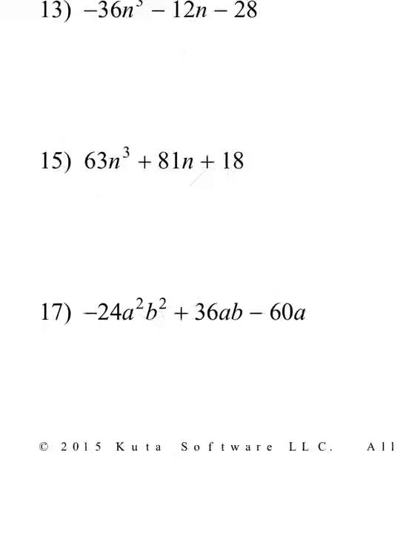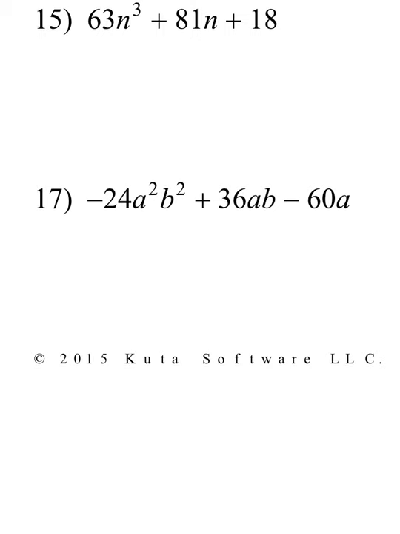Okay, now let's do the most difficult one here really quickly. And again, I'm going to do it one step at a time. I'm looking at my numbers first. And for the sake of time, I know that the greatest common factor here is 12.